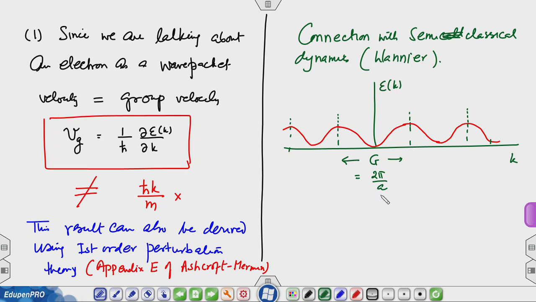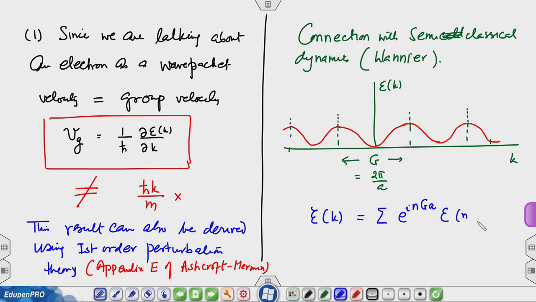So, I can write E k in a Fourier representation, and I can write this as equal to summation e raised to i n G a E n.